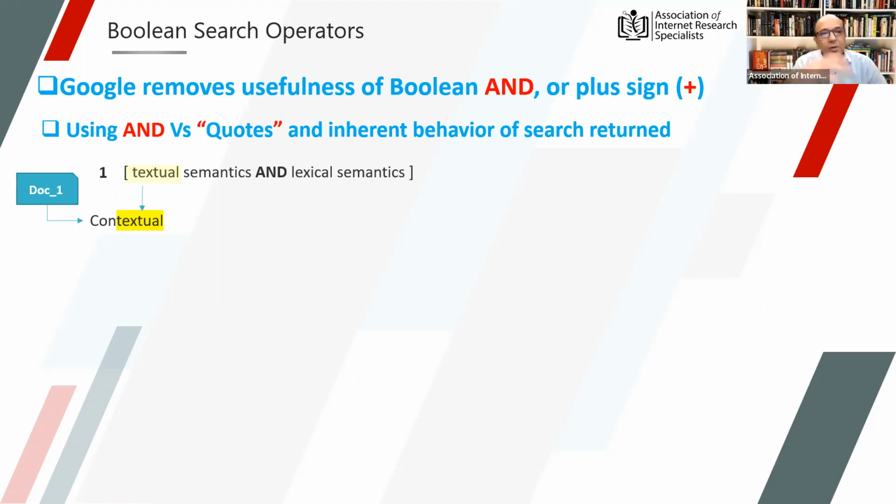That's the strangest part. So even though textual was not the word, I'm sorry, contextual was not the word, you would find that in the returned results, in the snippets, the highlighted portion would be making the word textual, or the partial word of contextual, highlighted as if it has matched it, which is not true.